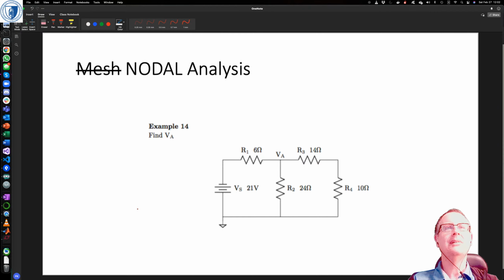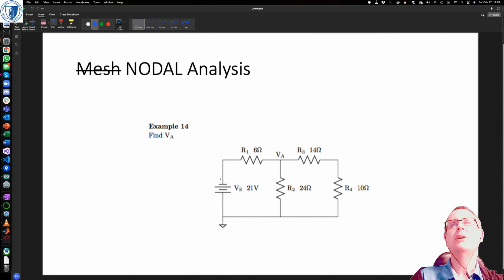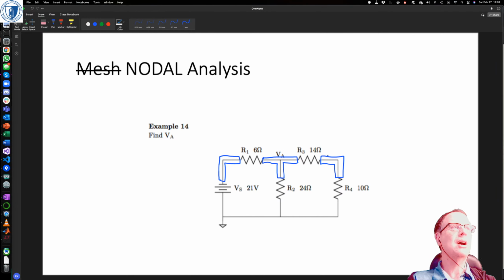Nodal analysis is a bit different. It uses nodes, and the idea is that we figure out first of all which are the nodes, right? Remember, in mesh analysis, the first thing we do is define the mesh currents.